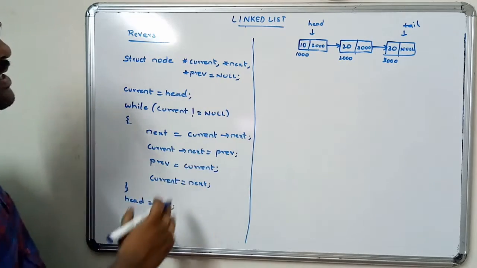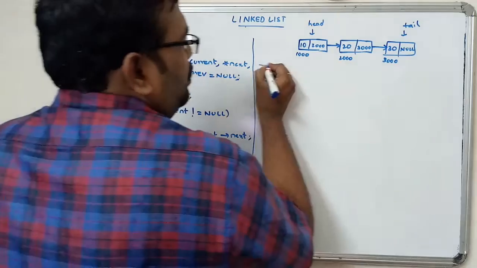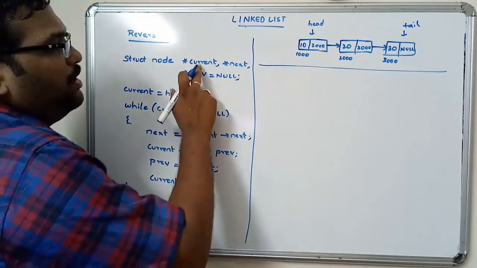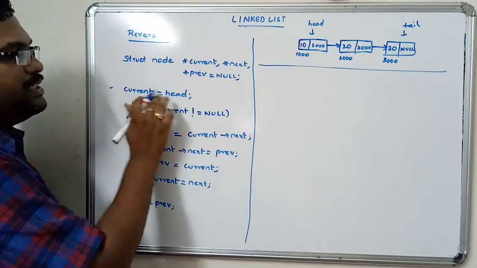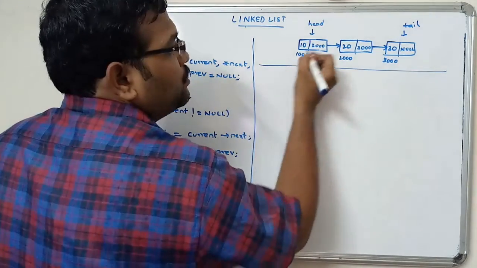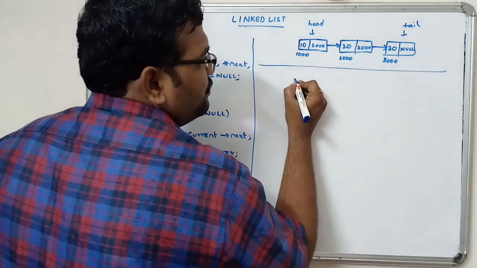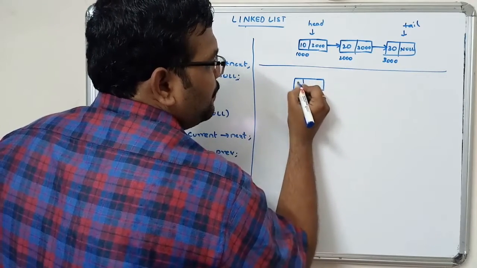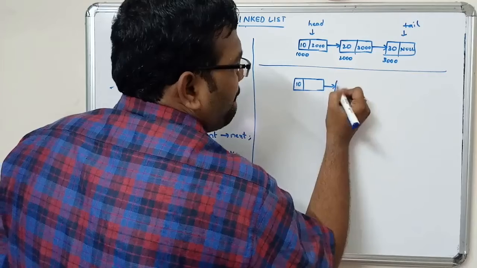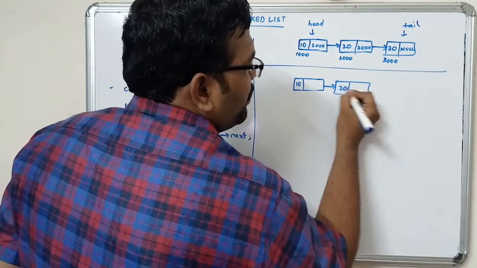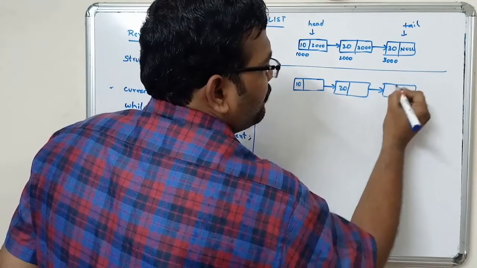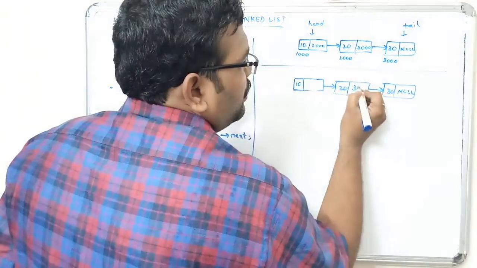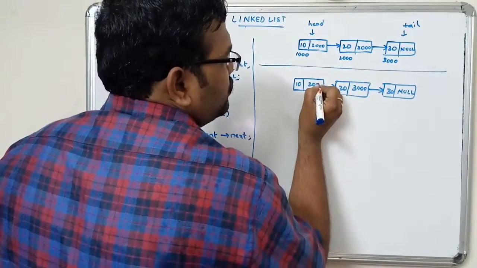Right. Now let us see that. So this is the existing linked list. Now let us see first one, current is equal to head. So it points here itself. 10, 20, 30, here null, here 3000, here 2000.